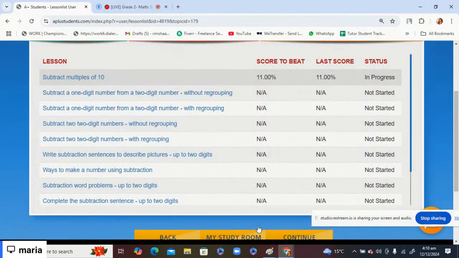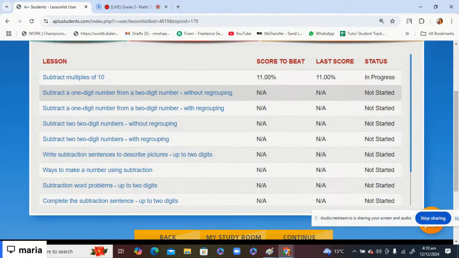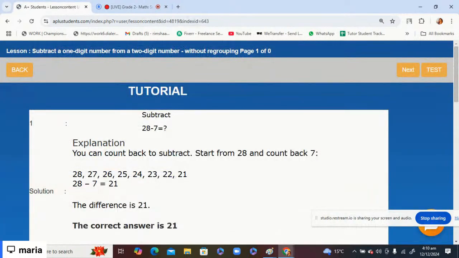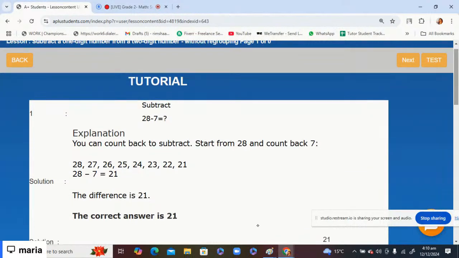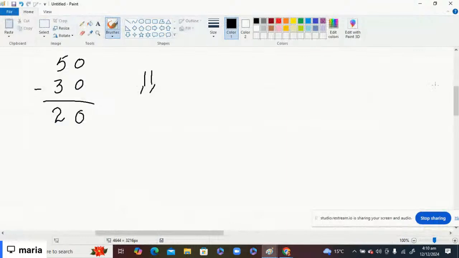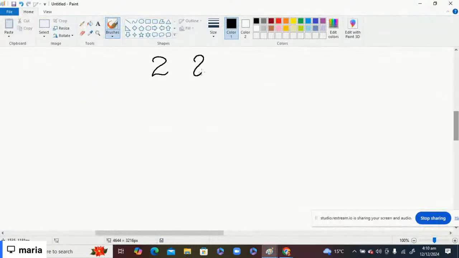So here is subtract a 1-digit number from a 2-digit number without regrouping. Here is 28 minus 7. If your question looks like this, 28 minus 7, you put the 7 here. Always start from the right side.